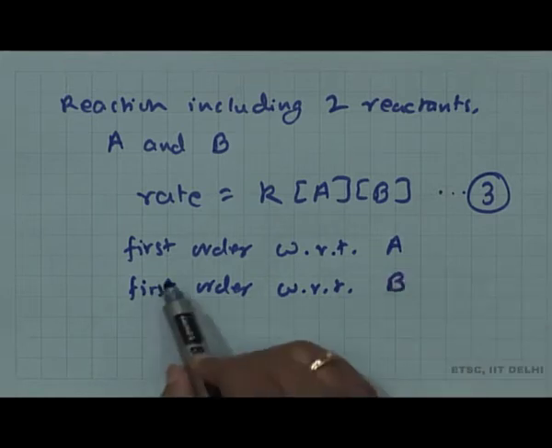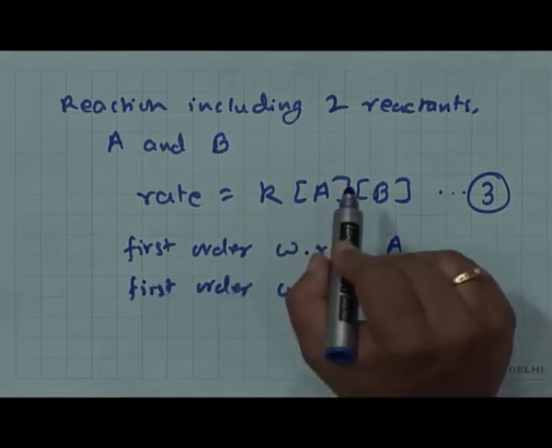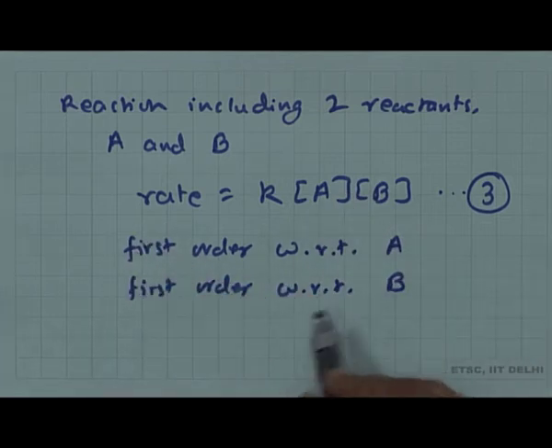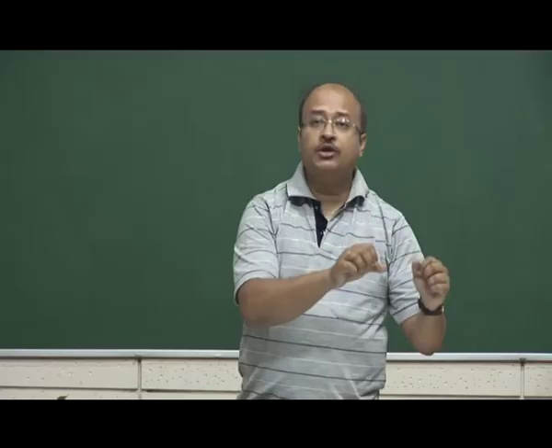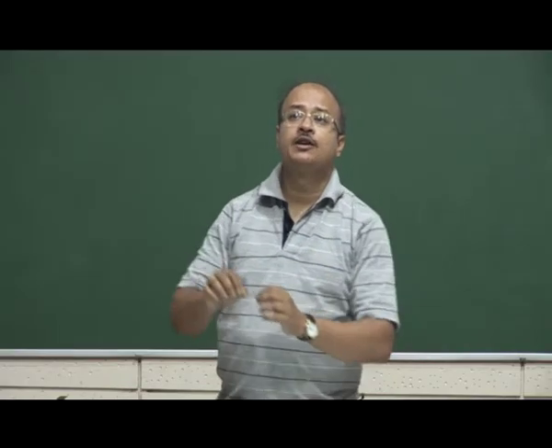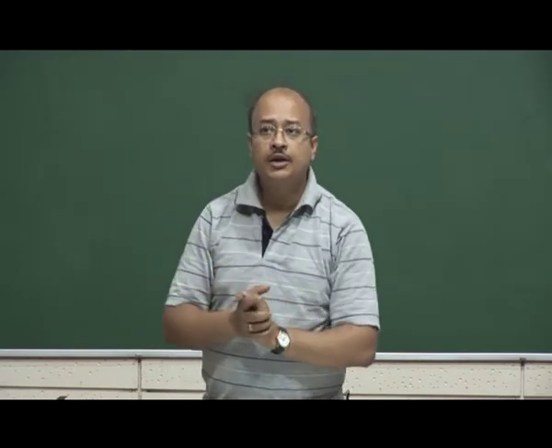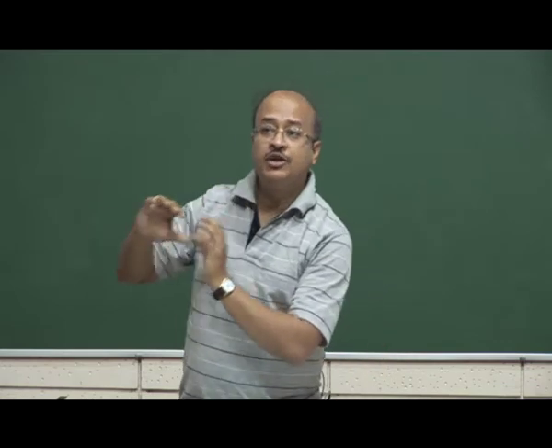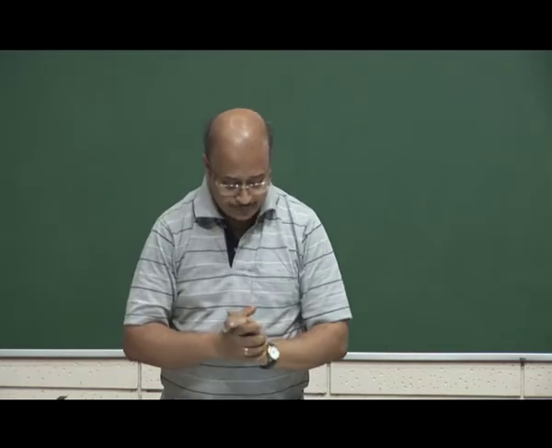Hence, I say that it is first order with respect to A and first order with respect to B. So, if you take A, then how will the rate vary? It will vary as being first order with respect to A. If you take B, then how will the rate vary? The rate will vary as first order with respect to the concentration of B.